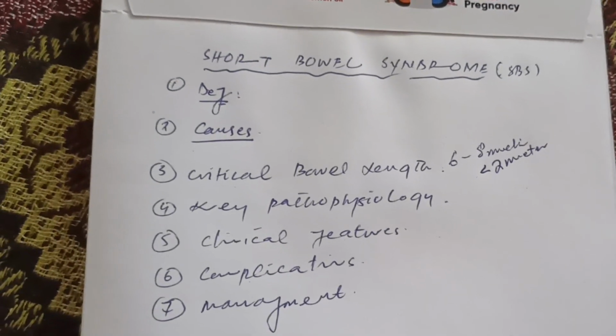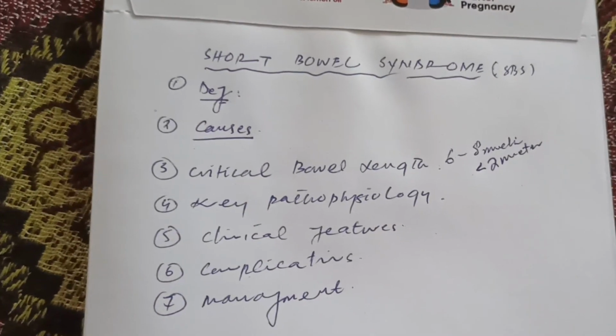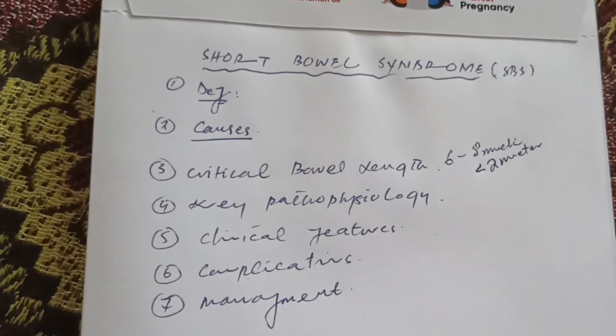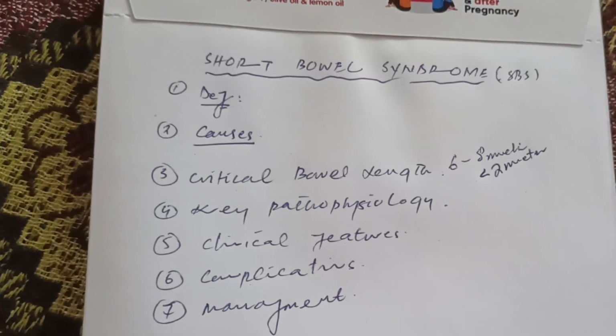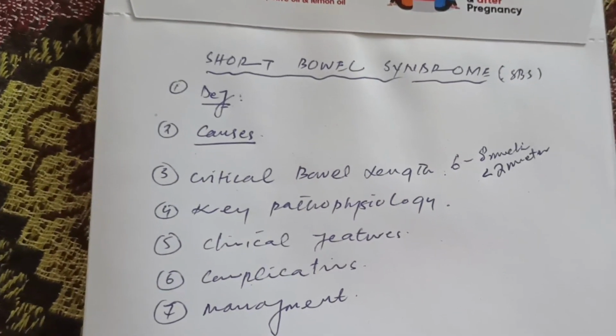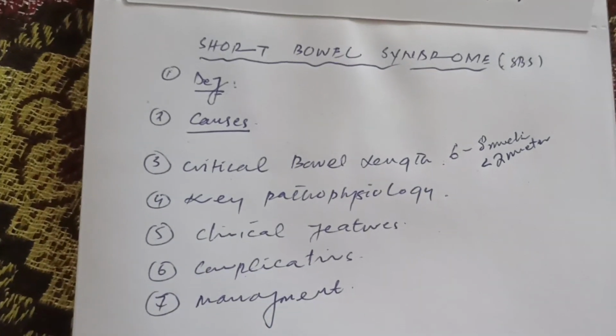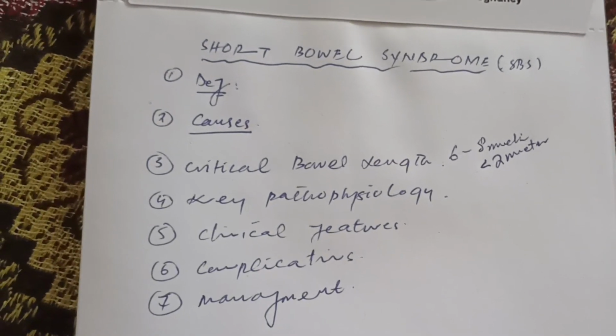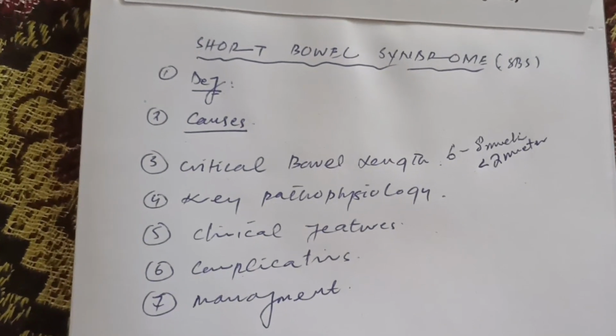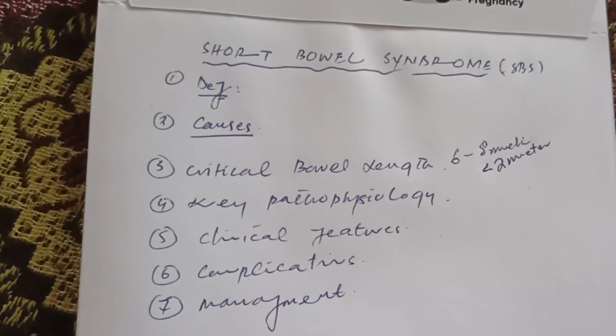So now, how to manage short bowel syndrome? It will be managed by introducing TPN, total parenteral nutrition, through the vessels to the patient, and then with the passage of time, it will be converted to enteral nutrition.